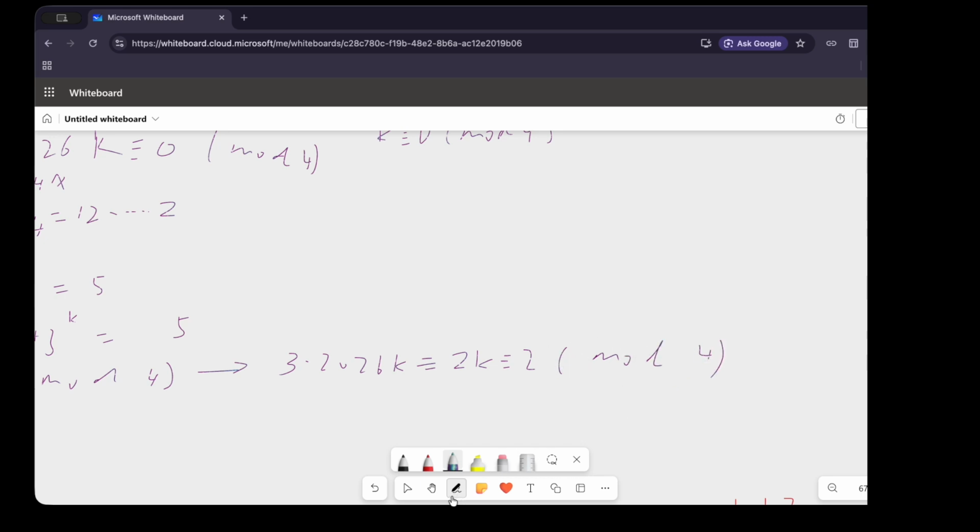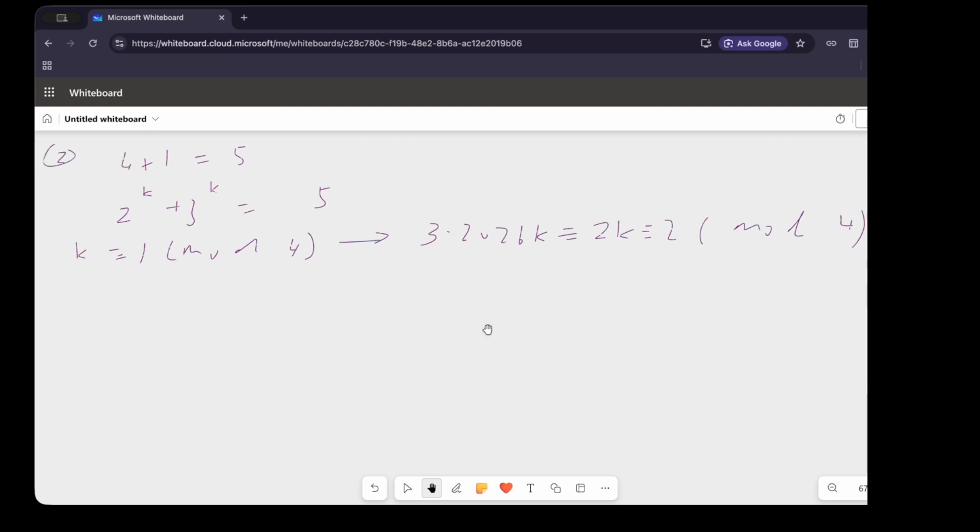What's next? This means that as long as k is congruent to 1, that is 1 plus a multiple of 4, we can get our desired number.